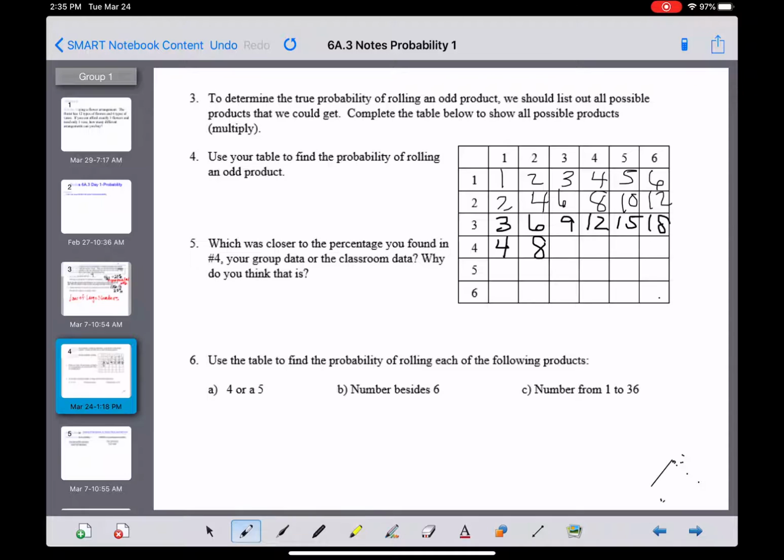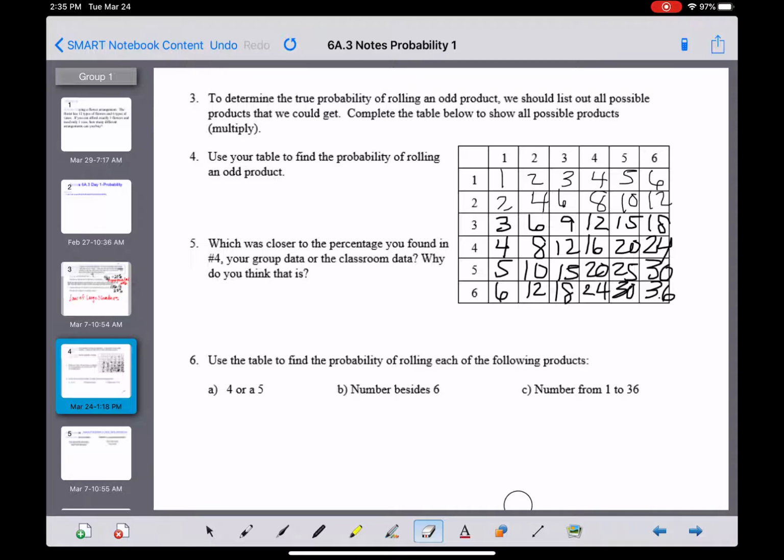Then 4, 8, 12, 16, 20, 24. Then 5, 10, 15, 20, 25, 30. And 6, 12, 18, 24, 30, 36.